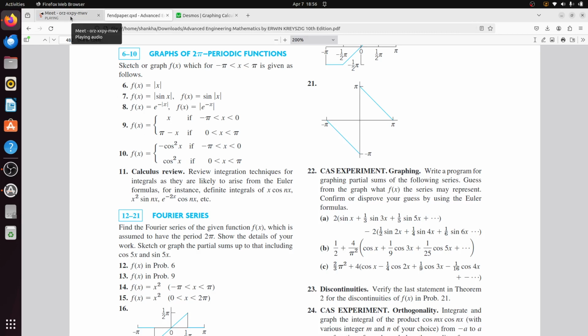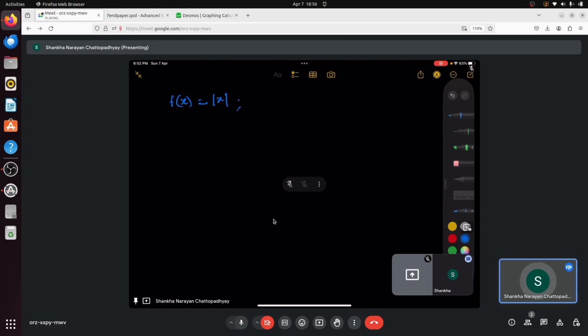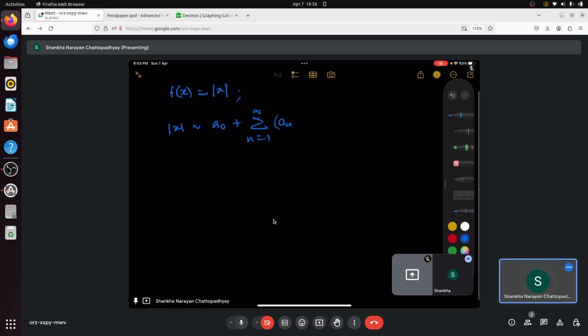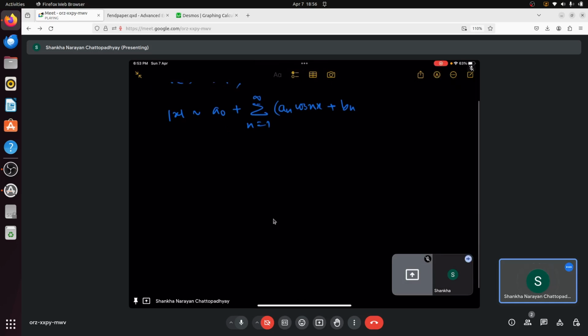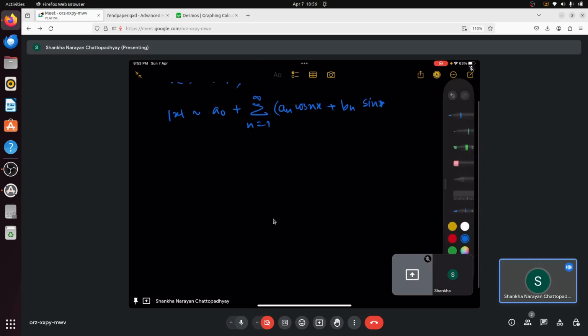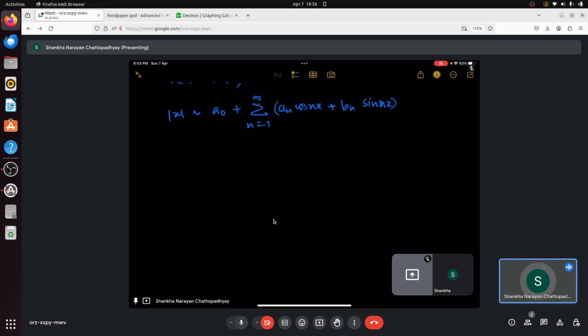It has the period 2 pi. So we want to write mod x in terms of a0 plus the sum from n equal to 1 to infinity of an cos nx plus bn sin nx in this way.